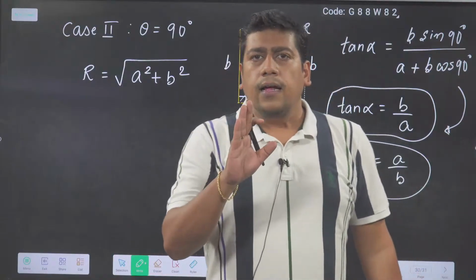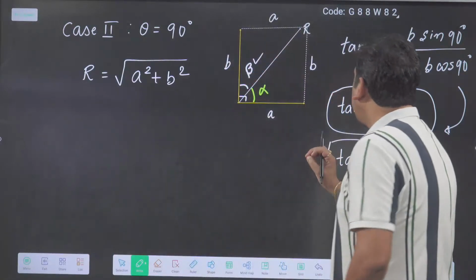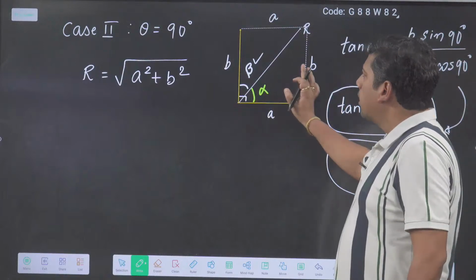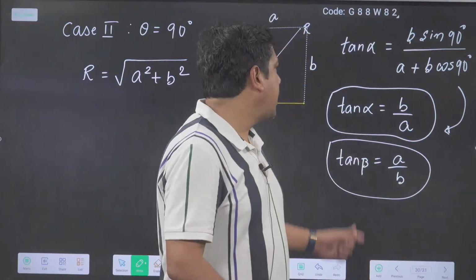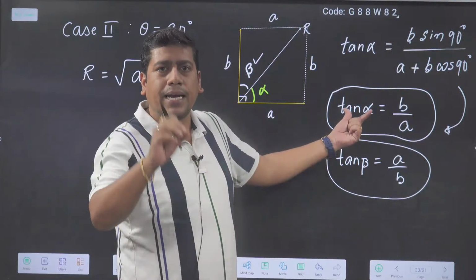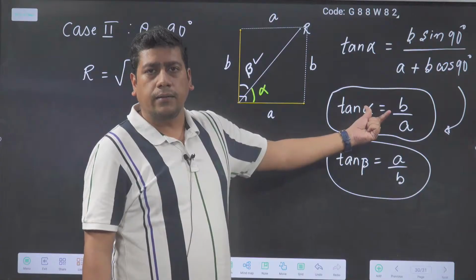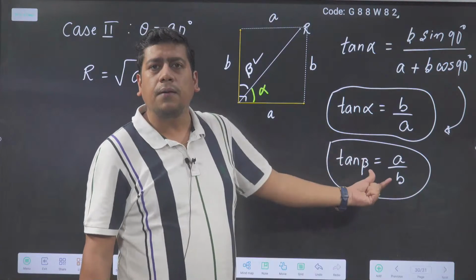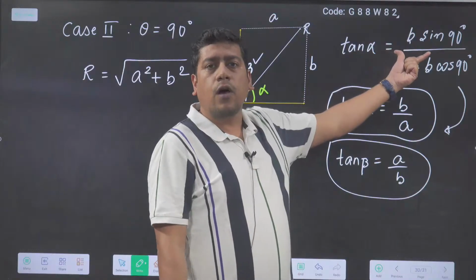ठीक है? Now, in around 80 to 90% of cases, you will get this case only, theta equal to 90 degrees. So almost every time, you will be applying tan alpha equal to B by A or tan beta equal to A by B. Now, what happens in that case, you forget the main formula.